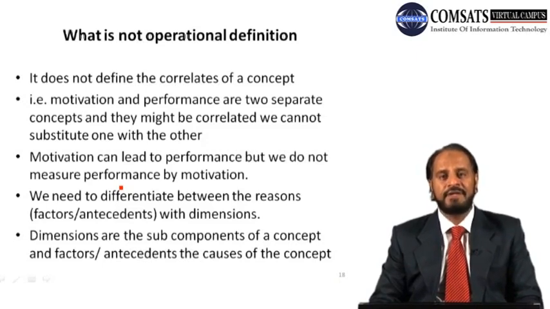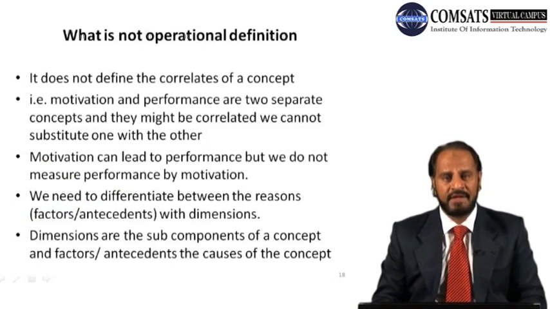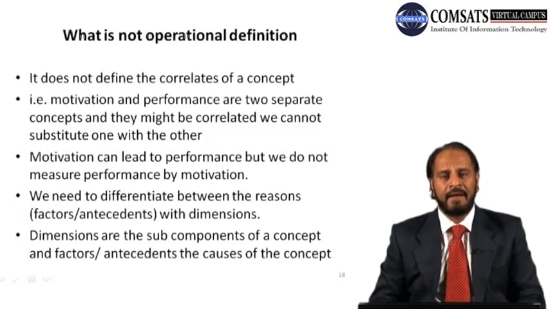For measuring learning, we need to go into the dimensions such as understanding, retention and application, whereas we say what can affect learning: the level of instructor's expertise, the availability of the books, the number of hours spent, and so forth. So we need to differentiate between the antecedents or the factors which influence our concept, and separate them from the dimensions.